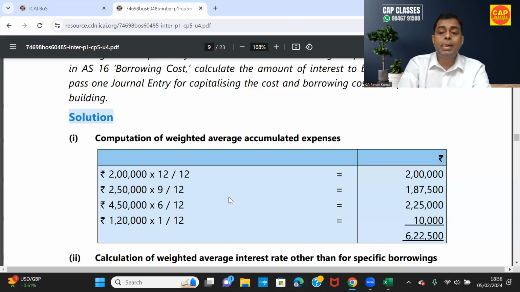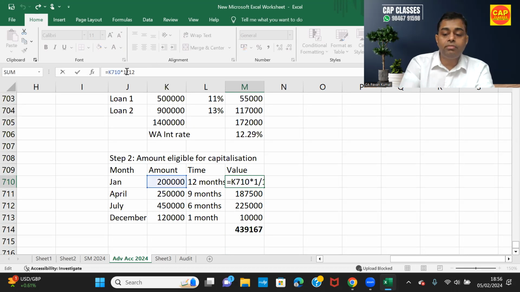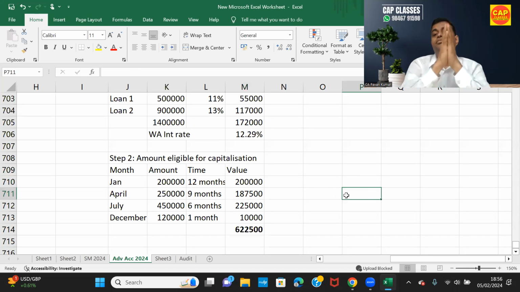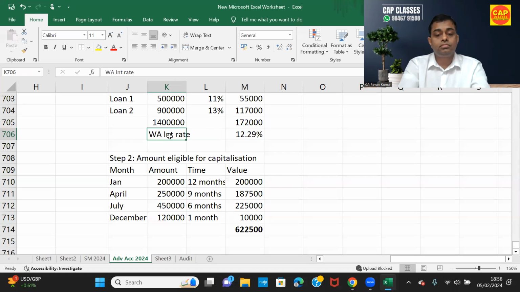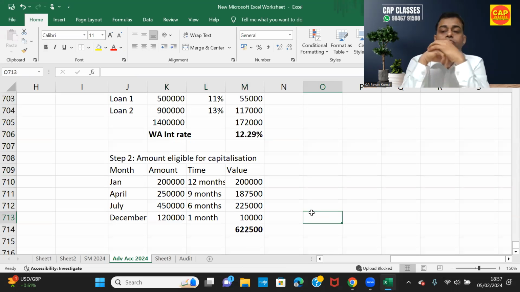Did we do any mistake? This is not 1 by 12, this is 12 by 12. Yes. So you understand this? Step 1 is clear, step 2 is clear. Devika, everything clear? Calculations and all, you're okay? Yes, sir.